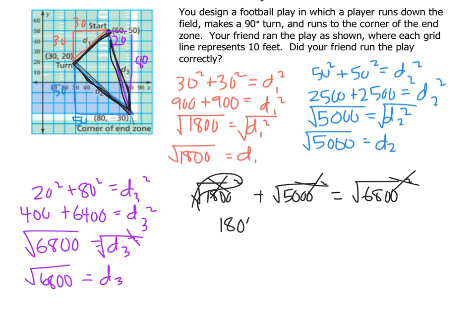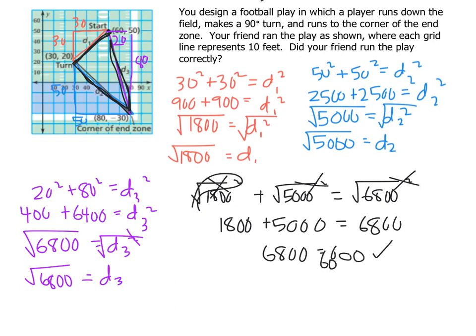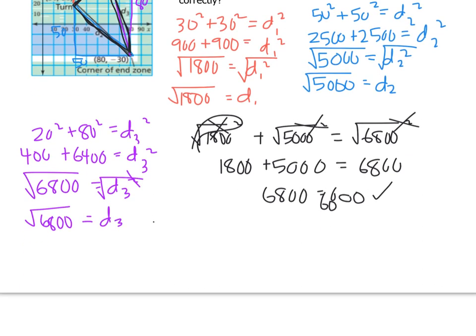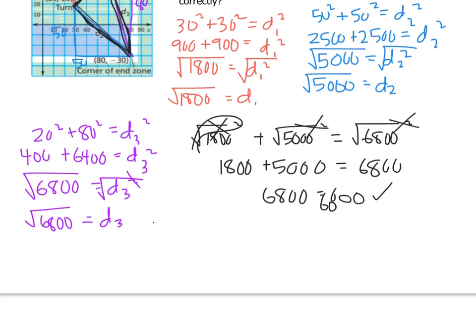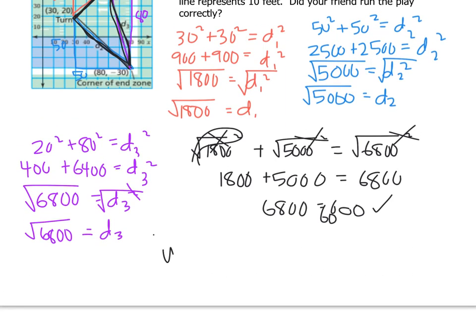So 1,800 plus 5,000, and obviously, yes, that does equal 6,800. So we know that we got it. So then, yes, let's answer the question. All the way back, it said, did the friend run the play correctly? So they did turn at a 90-degree angle. So yes, the friend ran the play correctly.